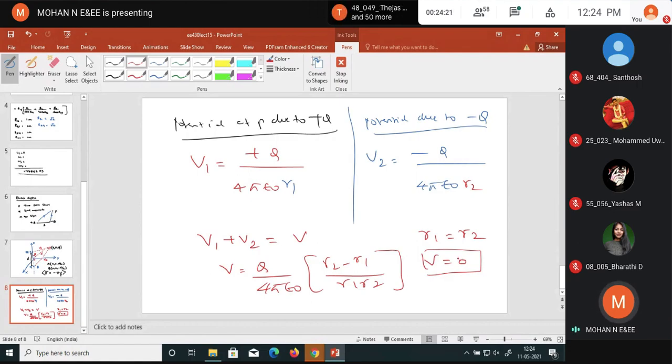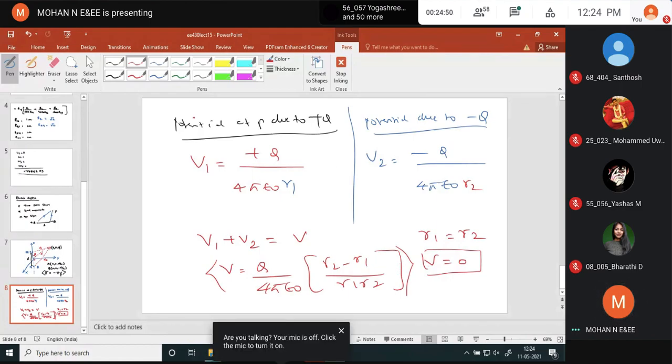The voltage is zero, so it's assumed to be an infinity point. This might happen whenever R1 is equal to R2. So this is the potential due to the electric dipole. From this, you can get the gradient of potential, and then you can get the electric field due to the dipole.